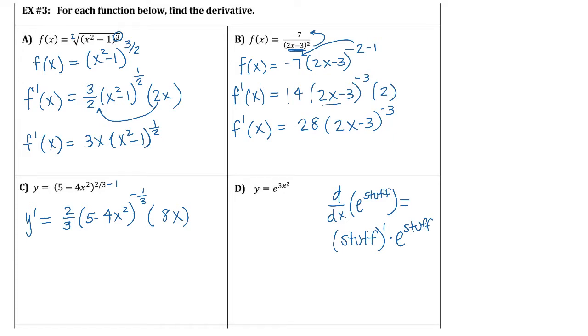So with this, the stuff is always going to be that exponent. So we have y prime equals the derivative of the exponent, which is going to be 6x, times your original function, e to the 3x squared. So again, here's your stuff prime, and here's e to the stuff.